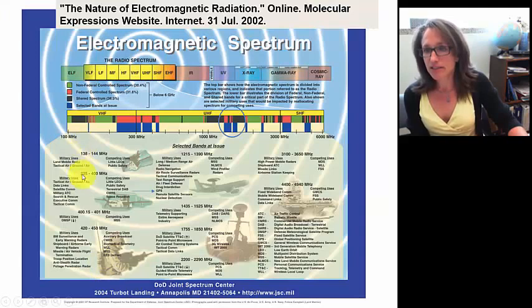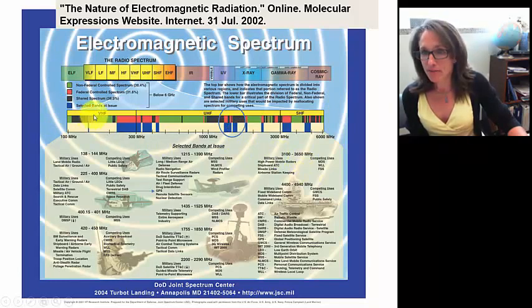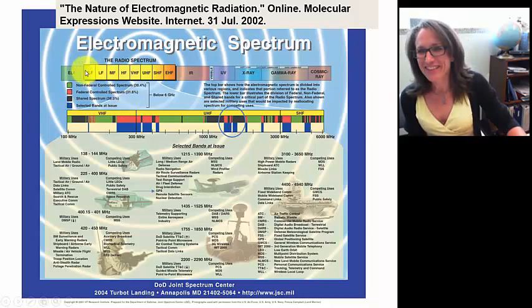This is the military's version of the electromagnetic spectrum, which shows us where we have VHF, very high frequency, UHF, ultra high frequency, and SHF, super high frequency.